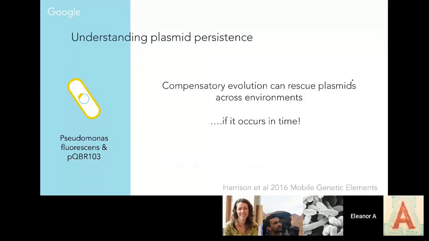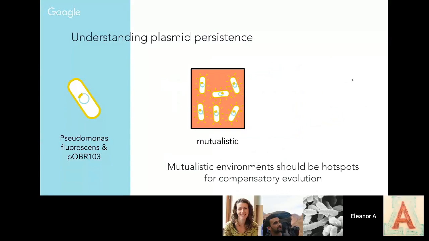But a prediction from this is that this process of compensatory evolution is going to be more likely to occur, or at least be effective, when plasmid carriage is beneficial to the bacteria. Because under these environments, plasmids are going to be maintained at high frequencies and over a longer time period, and this gives a greater probability that mutations will spontaneously arise and spread.